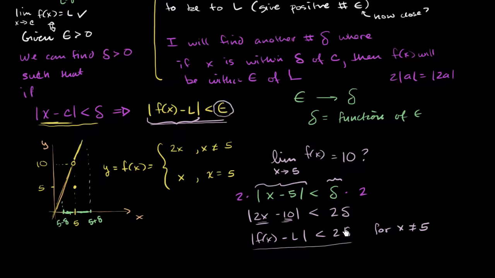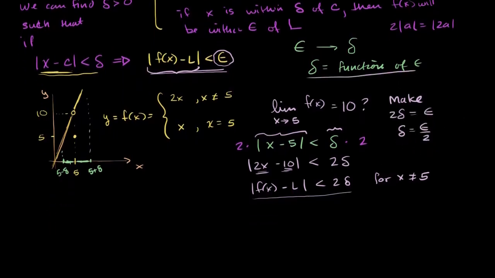So how can we define delta so that 2 delta is essentially going to be epsilon? Well, this is our chance. This is where we're defining delta as a function of epsilon. We're going to make 2 delta equal epsilon, or if you divide both sides by 2, we're going to make delta equal to epsilon over 2.